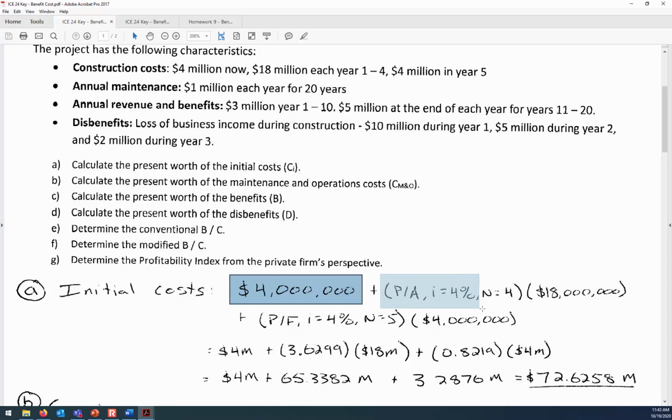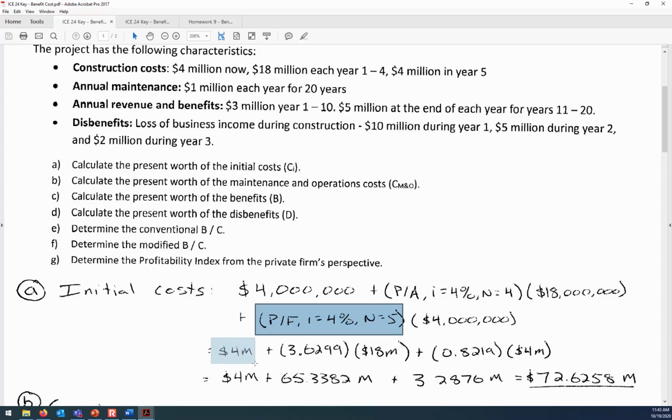So find present given an annual at 4% interest, n equals 4. We're multiplying that by 18 million. And then there is this 1 year of 4 million at year 5. So find the present based on a single future value, 4% interest in 5 years. And that's multiplied by 4 million.